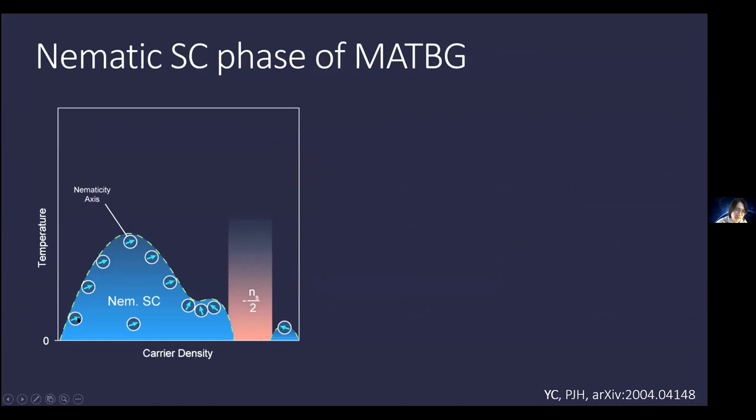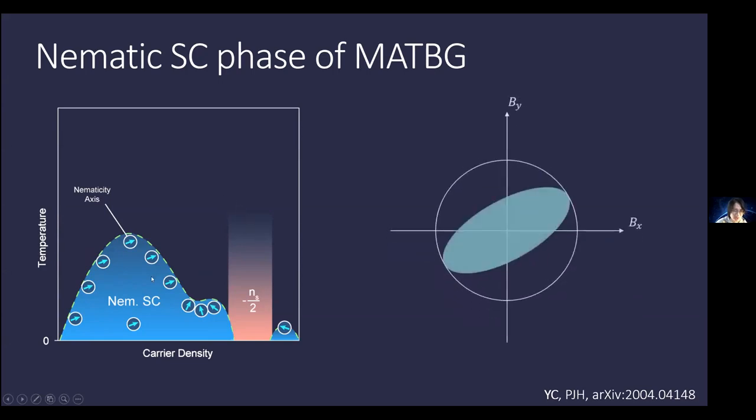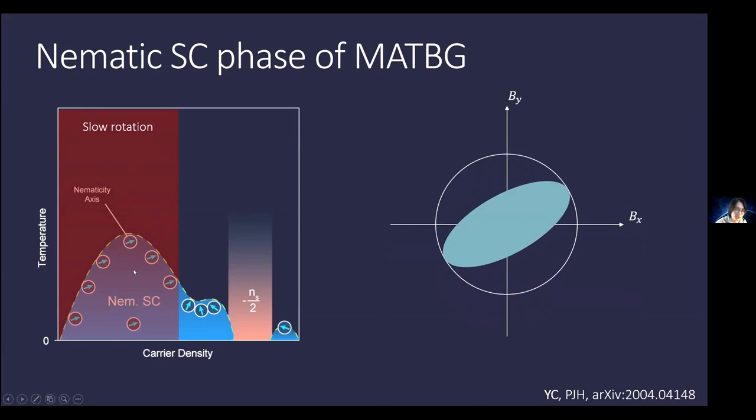I'll just summarize the direction of this nematicity in this schematic plot. If we plot the nematicity director on this map, firstly, there is nematicity in the entire dome of this twisted graphene. And we find there are 2 distinct regions. First, there is this slow rotation region, where the nematicity is almost directed to a single direction, but there is some wiggling around that point.